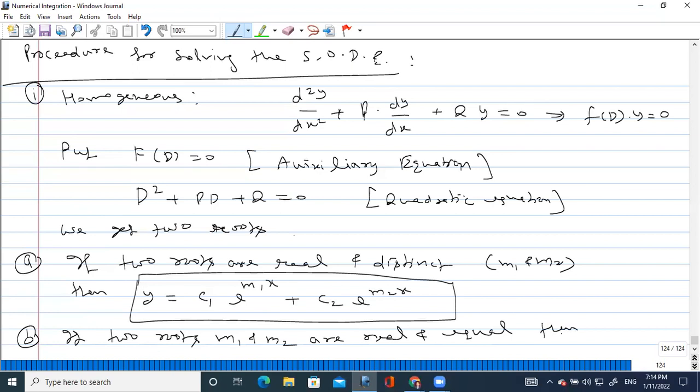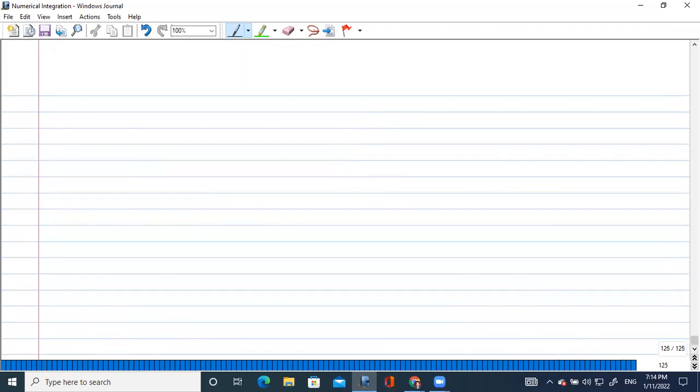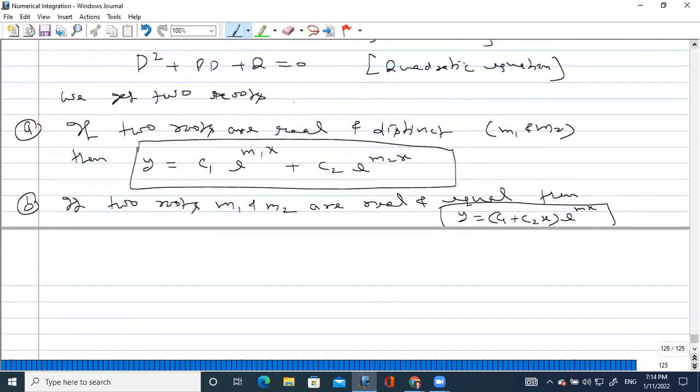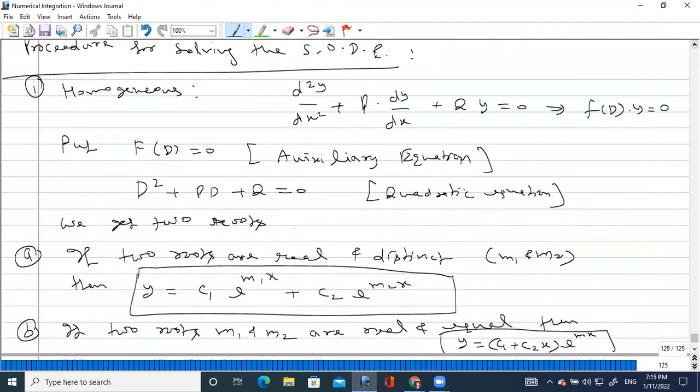Then solution y will be c1 plus c2x e to the power mx. This will be the answer. So this we have utilized in Green's function. So you can correlate now. Note down this.